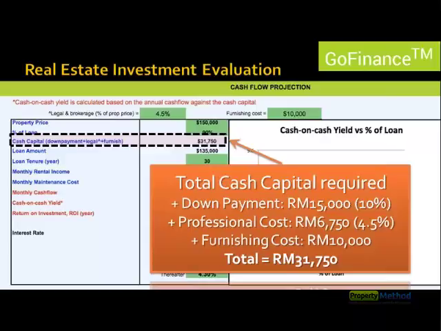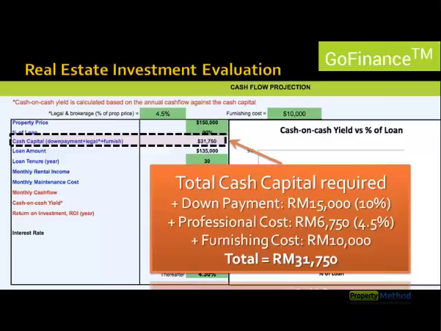This amount is the sum of the down payment, which is the difference between the loan amount and the property price, and also the professional costs, the 4.5% for legal and brokerage, and the furnishing costs, the 10,000 that we set aside for the budget of renovation.